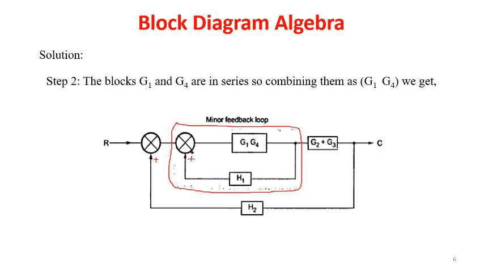So what will be the replacement in this loop? There is a forward block, so the replacement will be the forward block G1 G4, all divided by 1 minus G1 G4 multiplied by the feedback block H1.